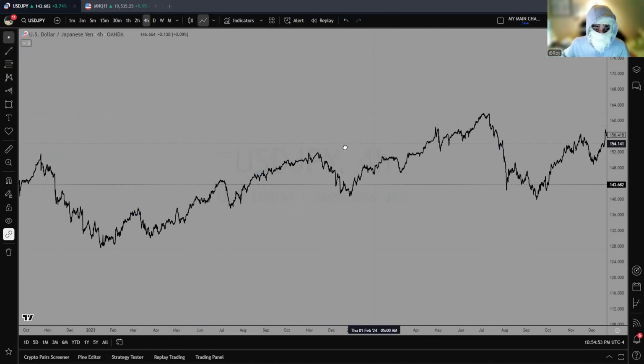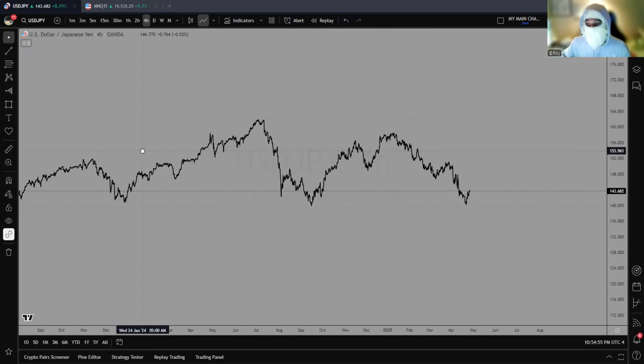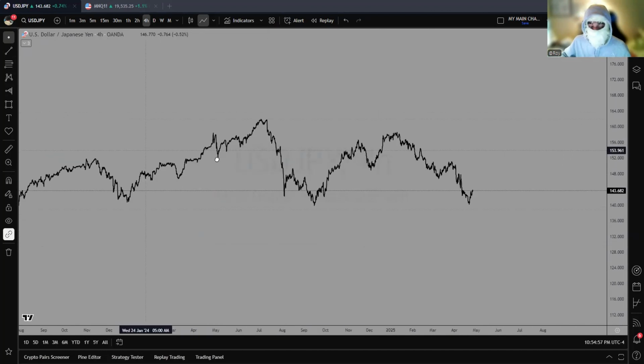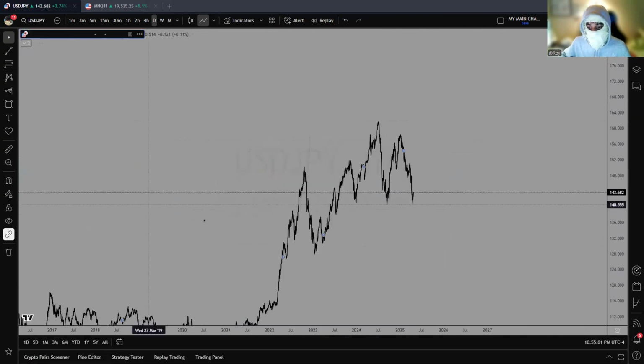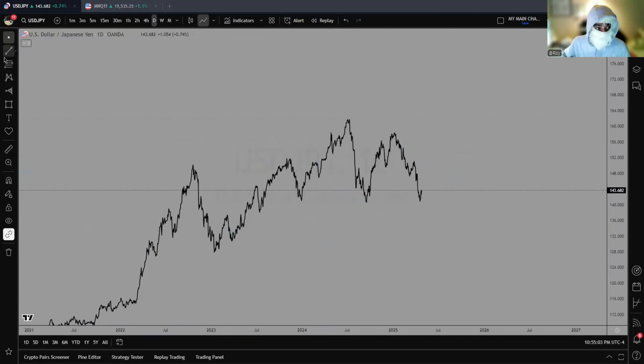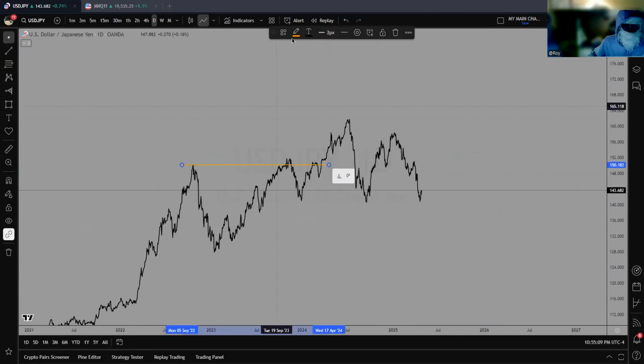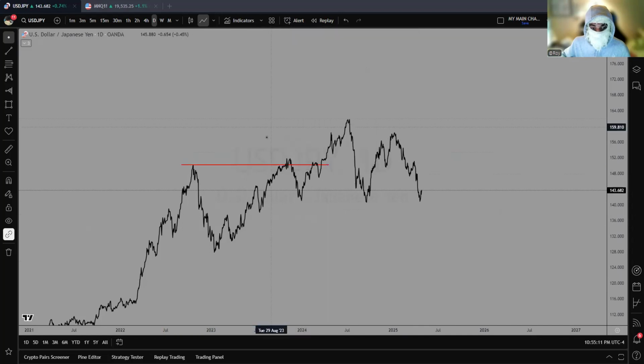Honestly, I like data. I like seeing data. So if you're going on a higher time frame, like daily, we see that price broke continuously, creating this higher high.